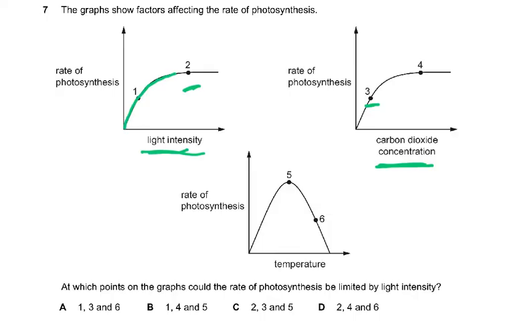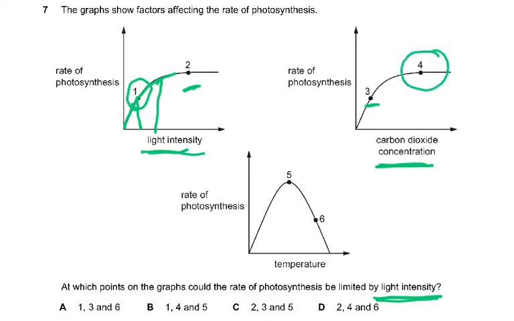So it says at which point in the graph could the rate of photosynthesis be limited by light intensity? So that if you increase the light, it will increase the rate of photosynthesis. So this is how you read this question. So the light is limiting at 1. As you increase the light, the rate increases. So 1 is the limiting factor.